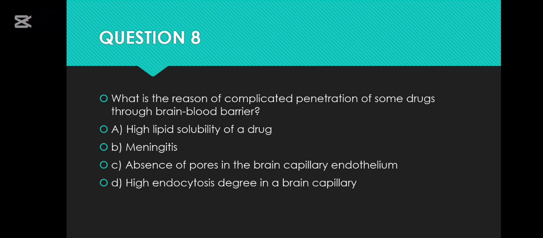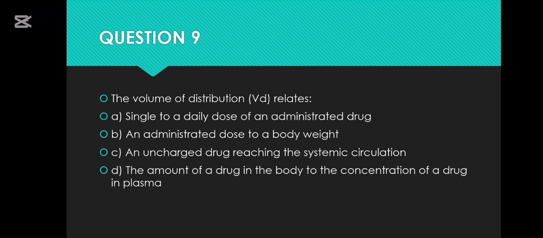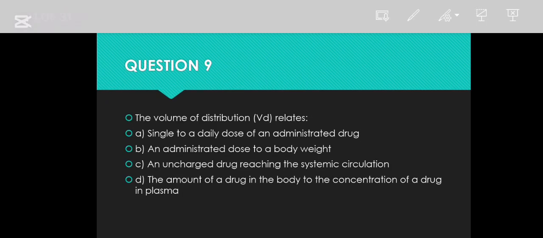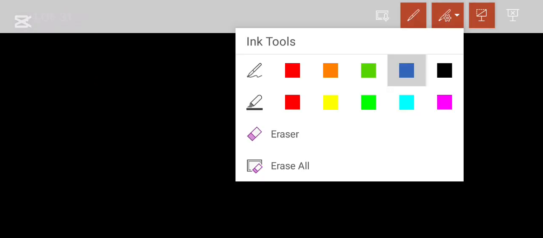And that question is question 9. We have a few more questions to go. The volume of distribution relates to what? So what is volume of distribution? Let me give you a simple concept here. So we have distribution.